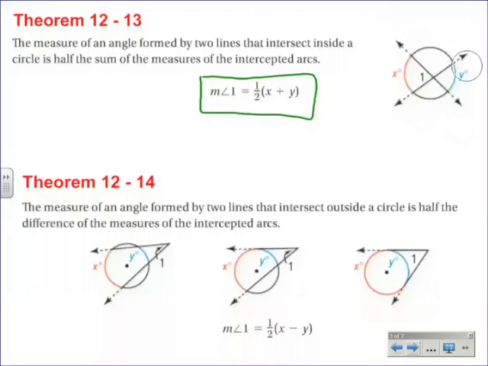Let me add to my drawing here. If I write in a number 2, couldn't I also say that the measure of angle 2 is equal to 1/2 (x plus y)? That of course is true because 1 and 2 are vertical angles and they'll also be congruent. So it doesn't matter whether I'm trying to find the measurement of angle 1 or angle 2, because they are congruent angles.